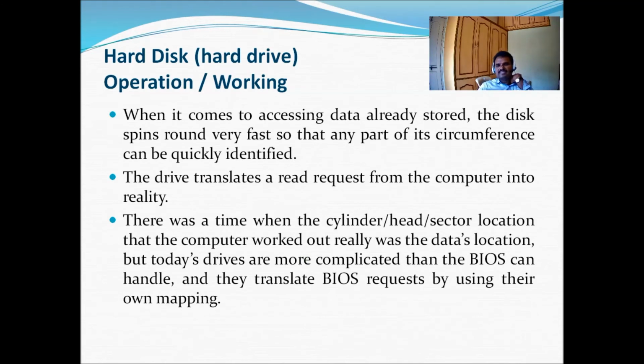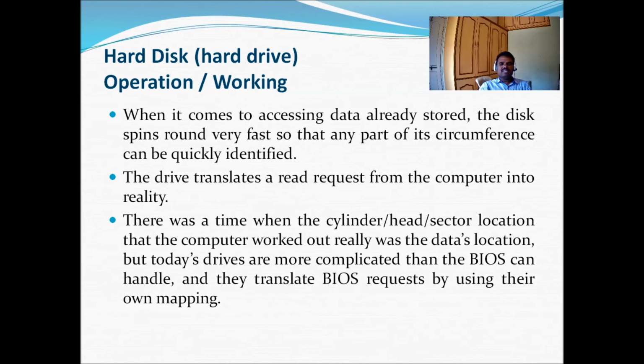When it comes to accessing data already stored, the disk spins around very fast so that any part of its circumference can be quickly identified. The drive translates a read request from the computer into reality. There was a time when the cylinder, head or sector location that the computer worked out really was the data's location.